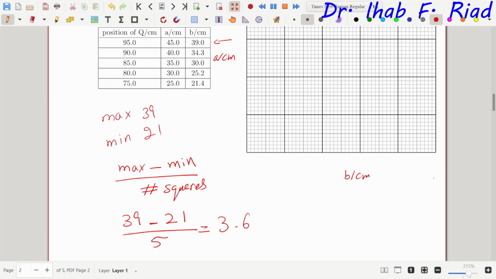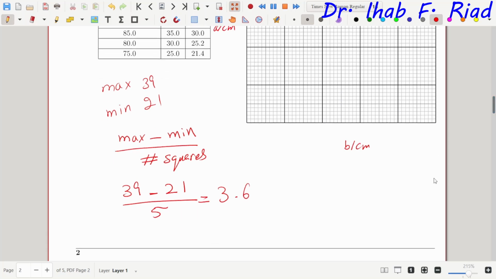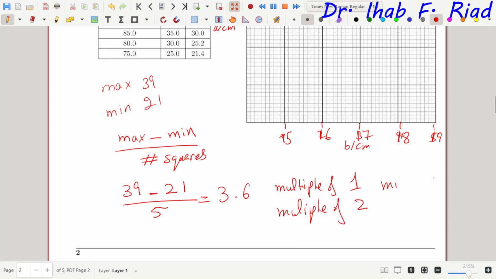3.6. Okay. So we are always recommended that a good scale is one which is a multiple of 1, meaning it is 1, 2, 3, 4, 5, for example, or 15, 16, 17, 18, 19, and so on and so forth, or a multiple of 2, a multiple of 5, or a multiple of 10.